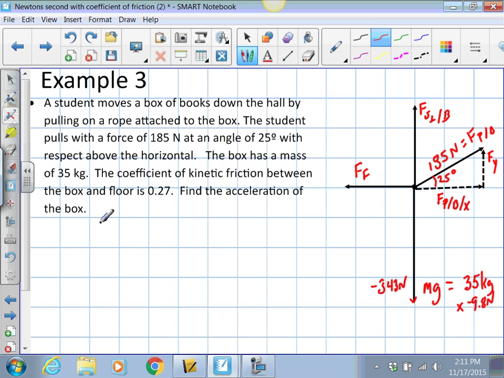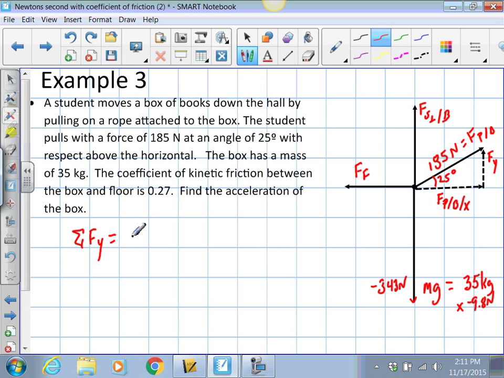Okay. All right, so from a sum of forces, we know that the sum of forces in the y dimension equals what? Think about it. It would be 0. Why would it be 0?